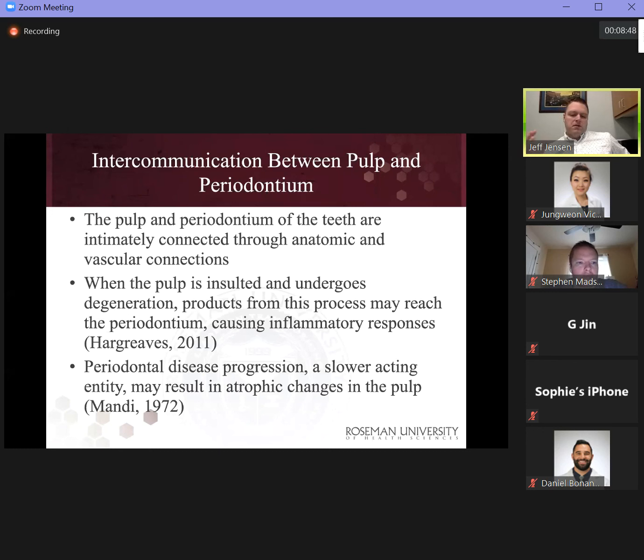So we know, and we've seen, that when the pulp is insulted, so someone has a fracture in a tooth or they have caries that reaches the pulp and they get an endo problem, products from this process may influence the periodontium, and this causes an inflammatory response. You can see this when someone has an apical lesion from endo, right? That lesion is in the periodontium. That's in the bone around the tooth. It's affected the PDL.